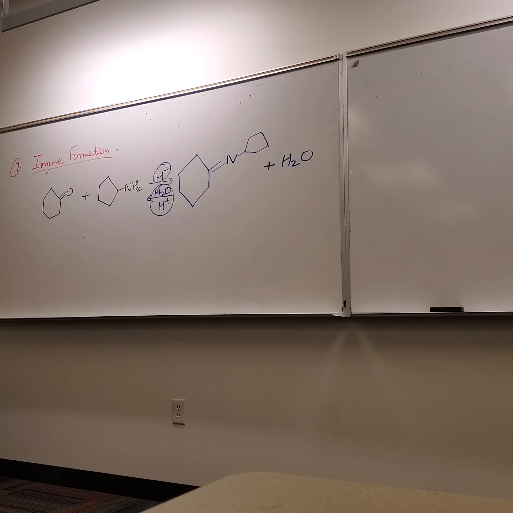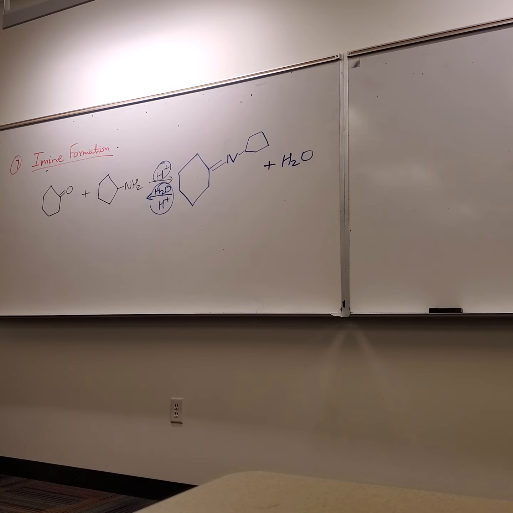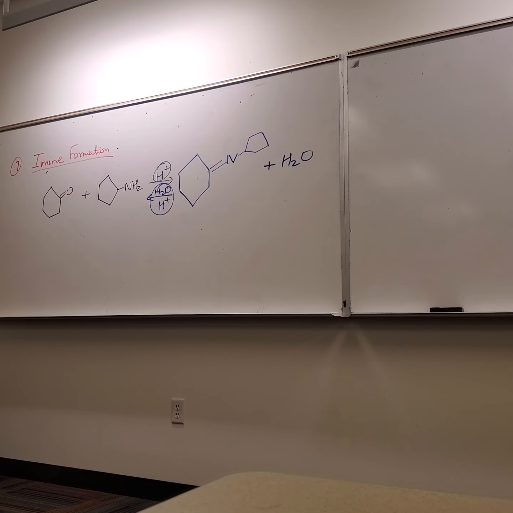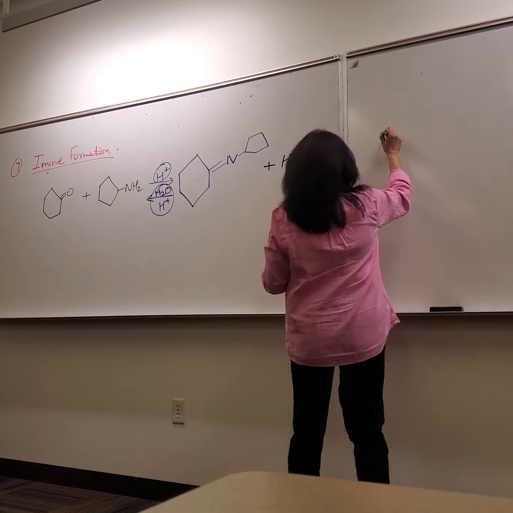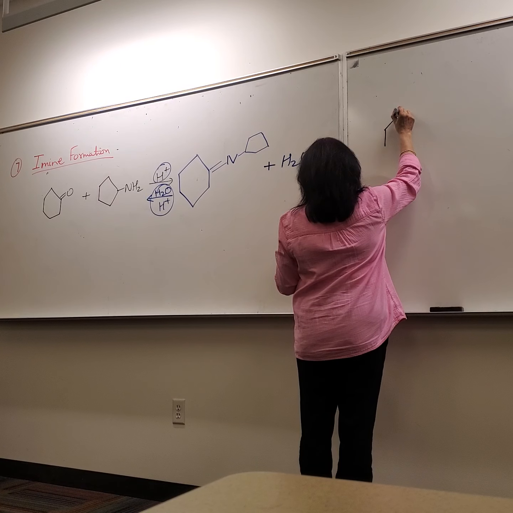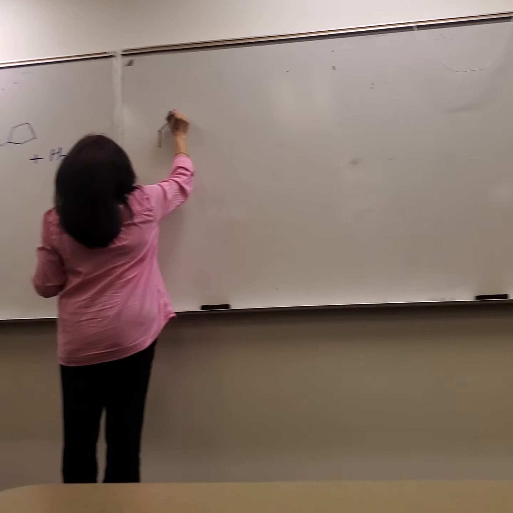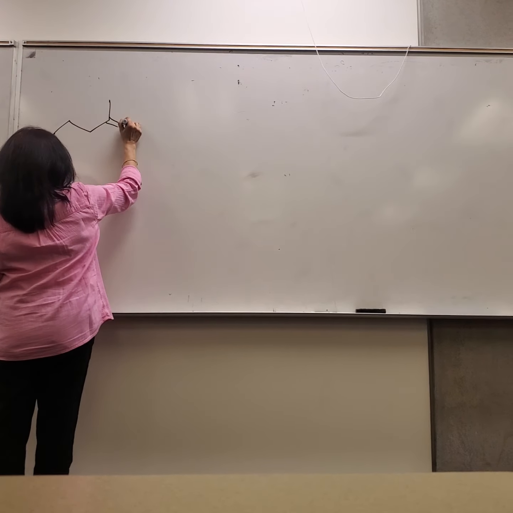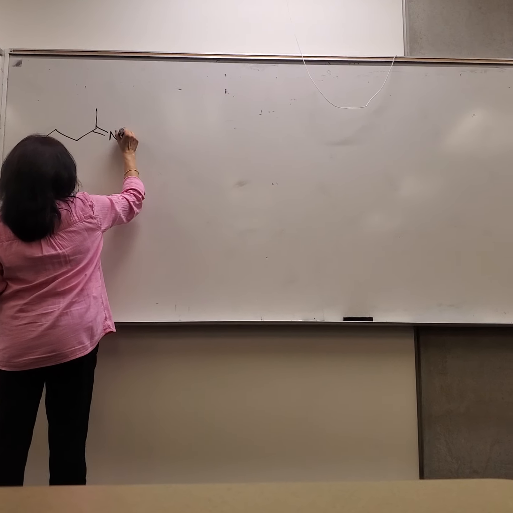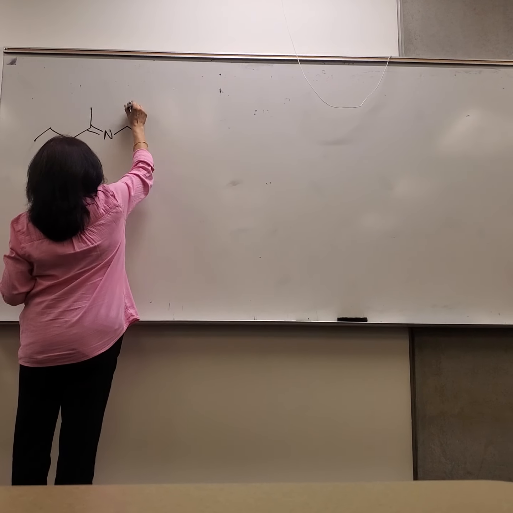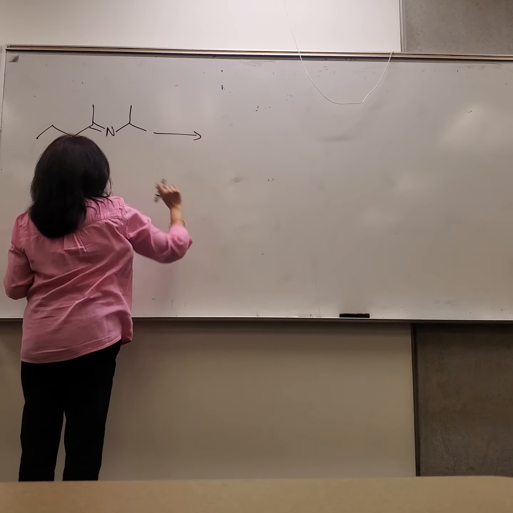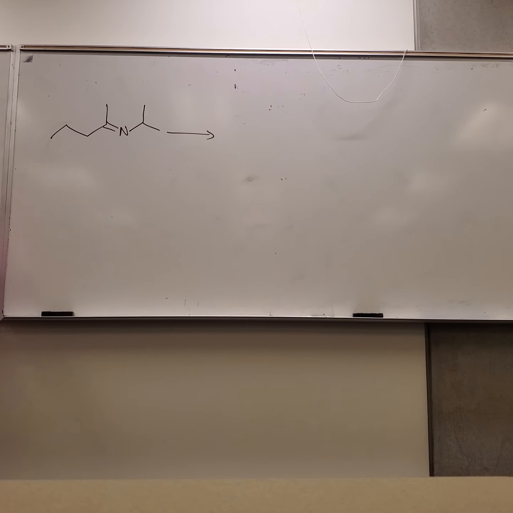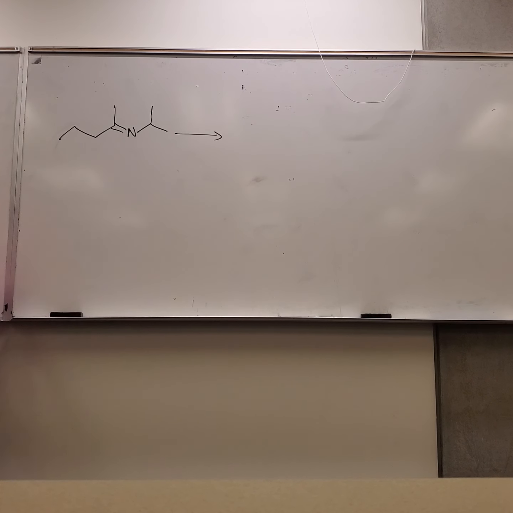Let's do that a couple of times. Again, mechanism writing, absolutely, to make sure you understand the process. So what should I use if I'm going in the reverse direction?